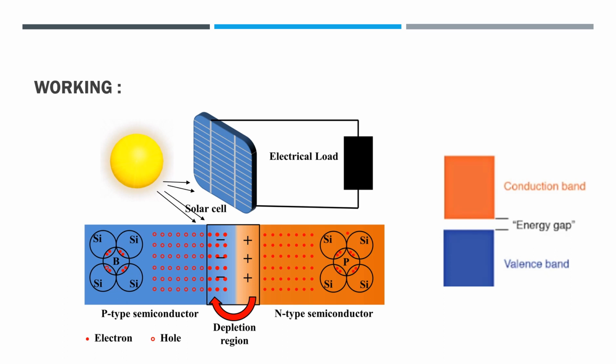When this happens inside the depletion region, an electron-hole pair is generated due to the sunlight. The electrons are attracted by the positively charged side and the holes by the negatively charged side. As a result, a positive charge is generated at the p-type and a negative charge at the n-type.